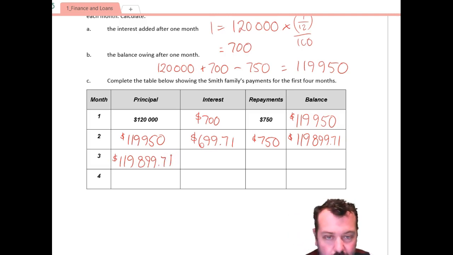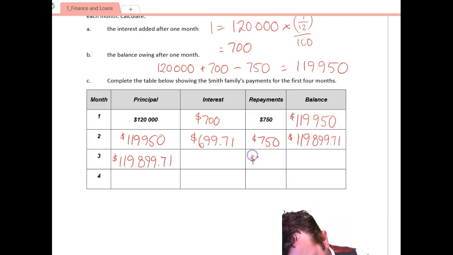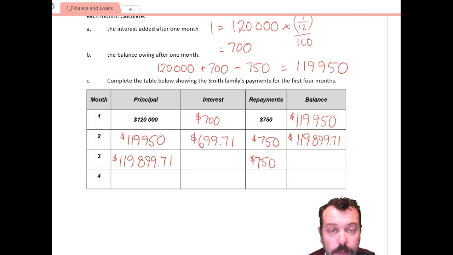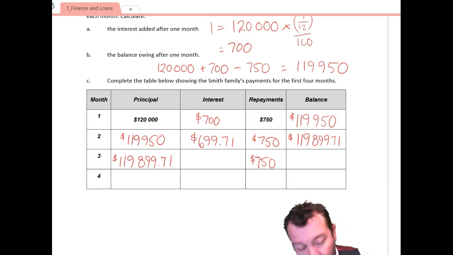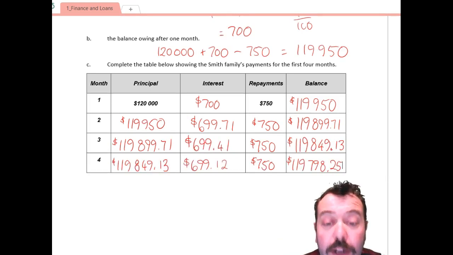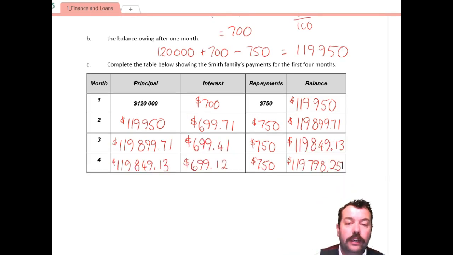Recalculate the interest. It'll be a little bit less than $699.71. The repayment will still be $750. Then I take the principal plus the interest minus the repayment to get the balance at the end of the month, and repeat. I've gone ahead there and filled those in.